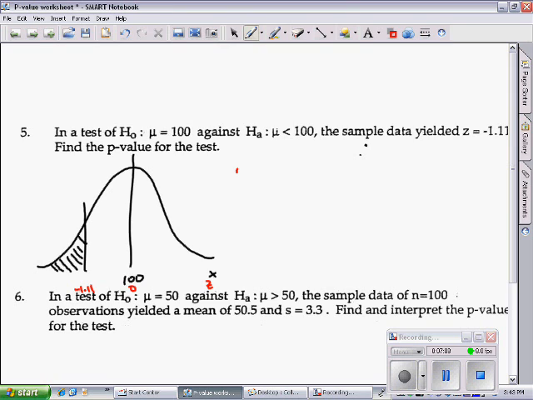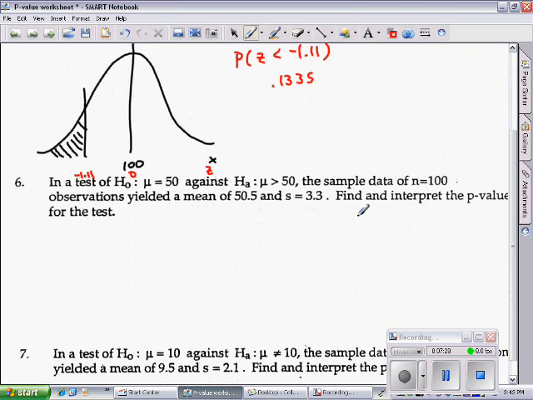So now I want to know what's the probability I'd get a Z less than negative 1.11, and when I look that up I get 0.1335. That's the p-value. If my alpha level was that or something bigger, I would reject H0.